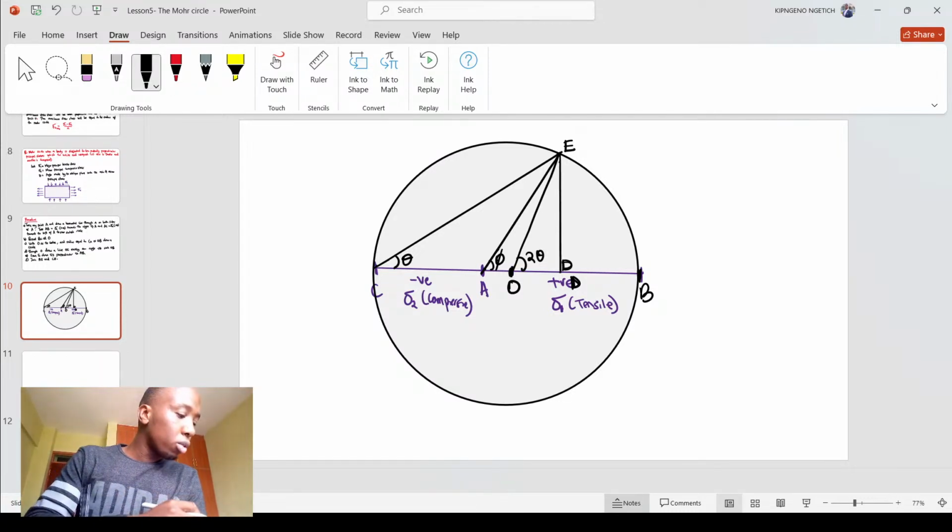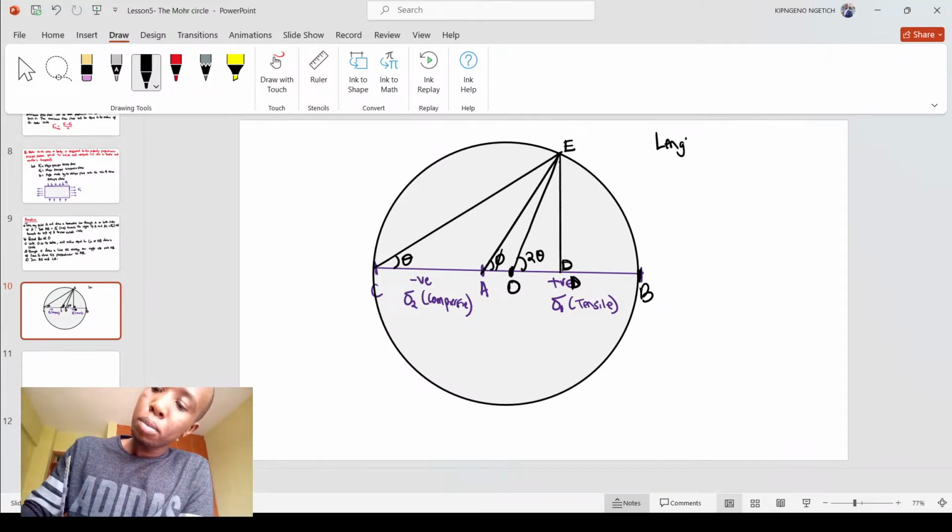With that, we are concluding by saying that the length AD is the normal stress on the oblique plane.